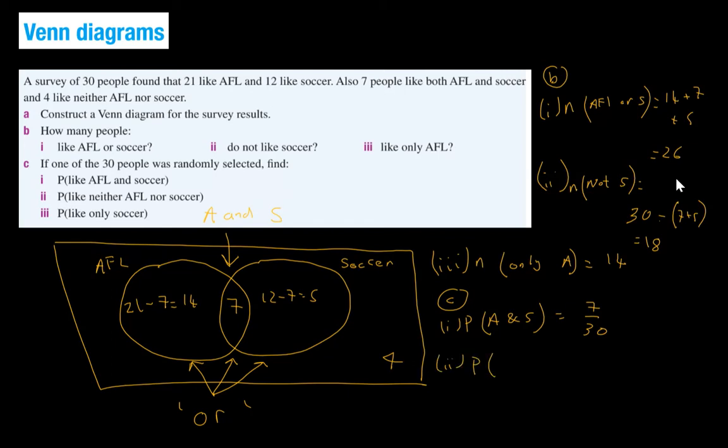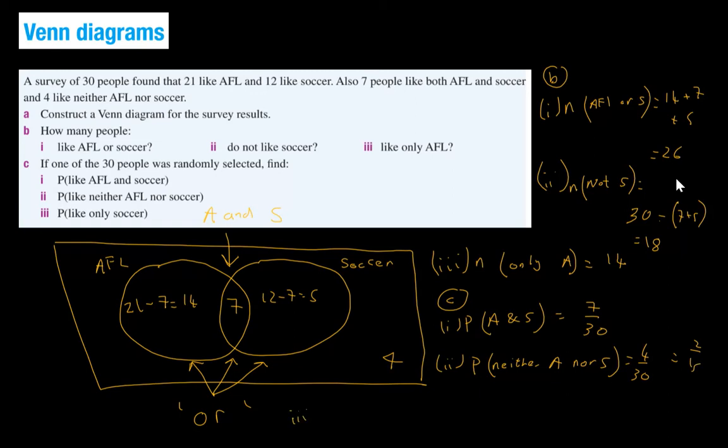So the probability neither AFL nor soccer. So neither AFL or soccer is going to be outside. 4 out of 30, which is 2 out of 15.